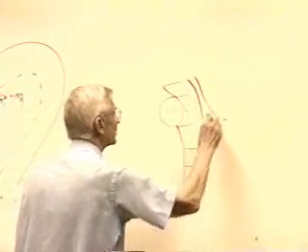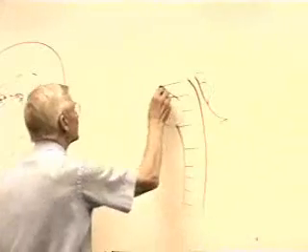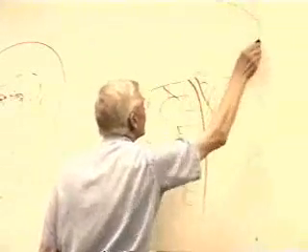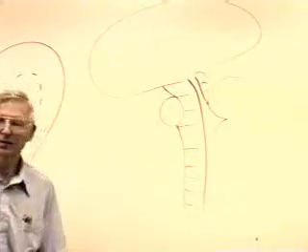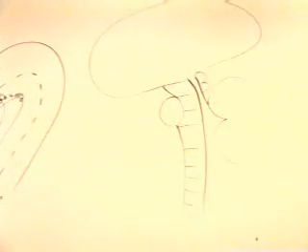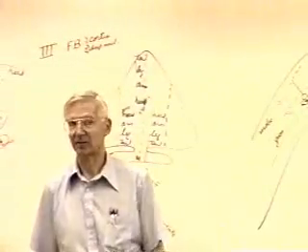Aqueduct and fourth ventricle, behind the cerebellum, and forebrain. And I'm going to introduce the deep cerebral nuclei, exactly the same analogy with deep cerebellar nuclei.